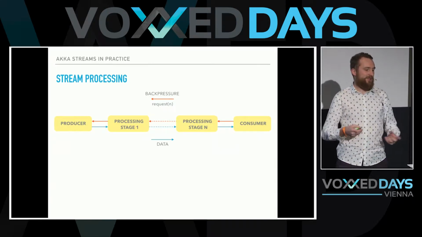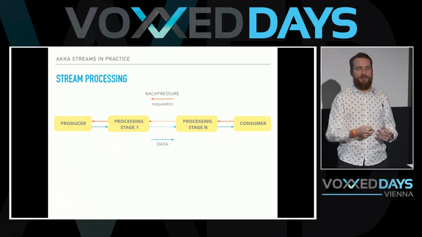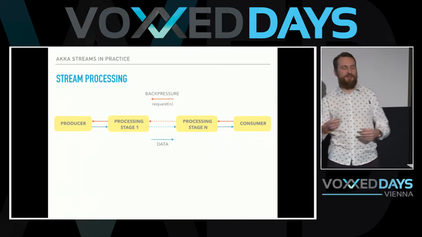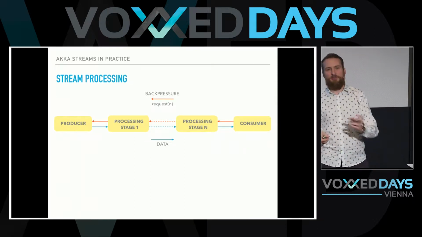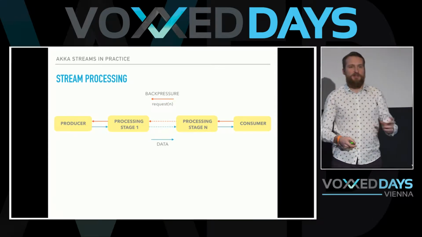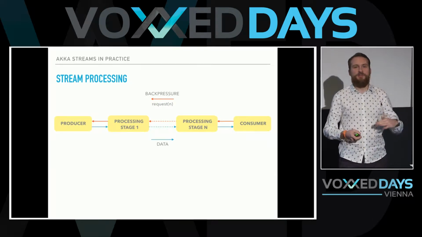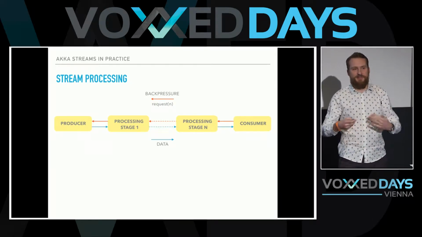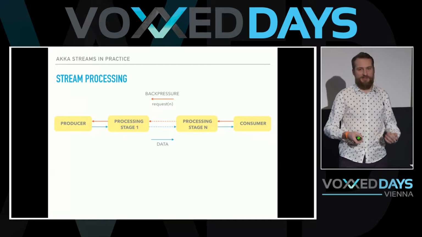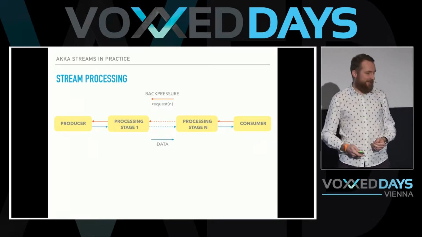In Akka Streams, the back pressure is realized as signaling how much data I can get. Like, hey producer, give me n items of data, because I know I will be able to process n items, for example, and nothing more. This way, the consumer is able to limit the rate of the producer so that it doesn't get flooded by data and it's always able to process the data. So this is the general idea.